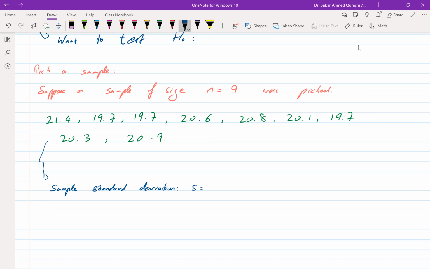Also, once you have the critical value, to test you need the sample mean. You will compare it with the critical values. So we need these two numbers computed from this data.